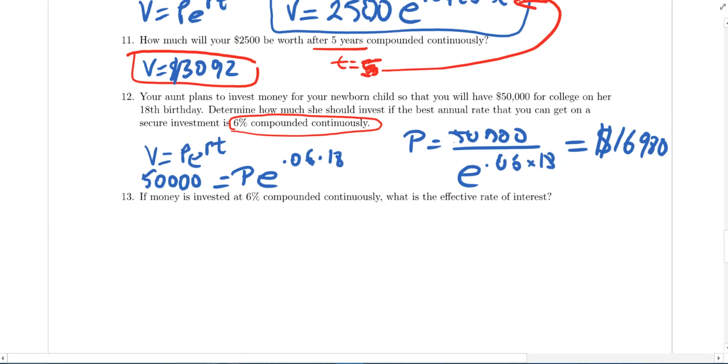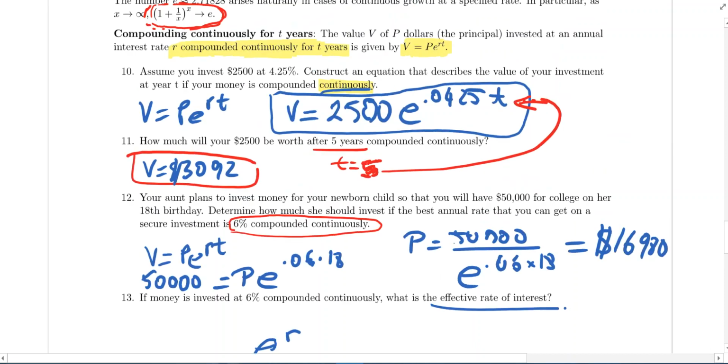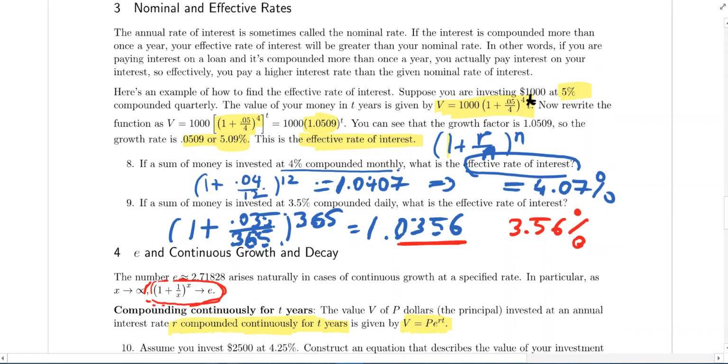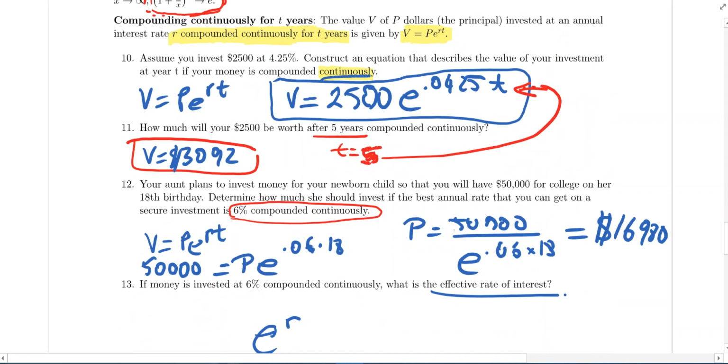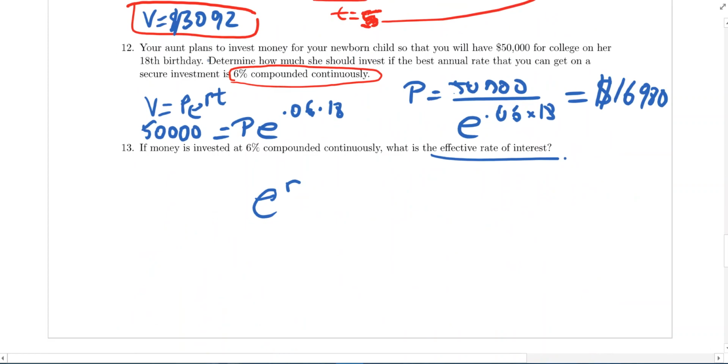effective rate of interest? So remember, to find the effective rate, you only looked at the portion without t. So basically the effective rate of interest is going to be e to the r. You're just looking at the portion without t. Let me remind you here, it's this portion without the t. So if now you have V equals P e to the rt, the portion without the t is e to the r.